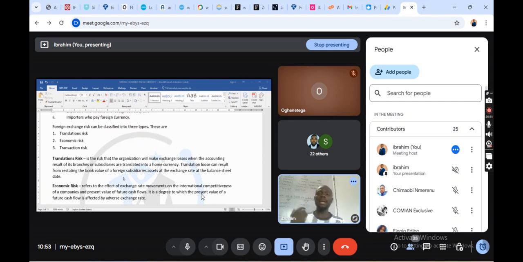The question could be: explain the risk involved in foreign exchange. What are the risks? The translation risk, economic risk, and the transaction risk. I'm actually treating two topics together, foreign and international, but that's fine.